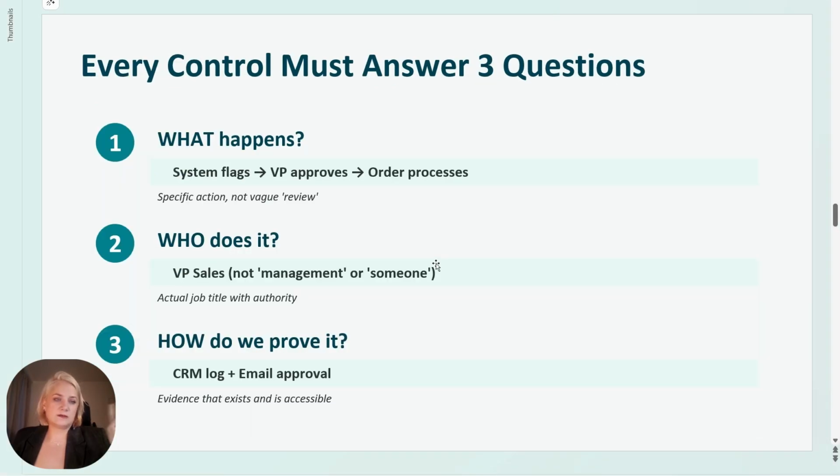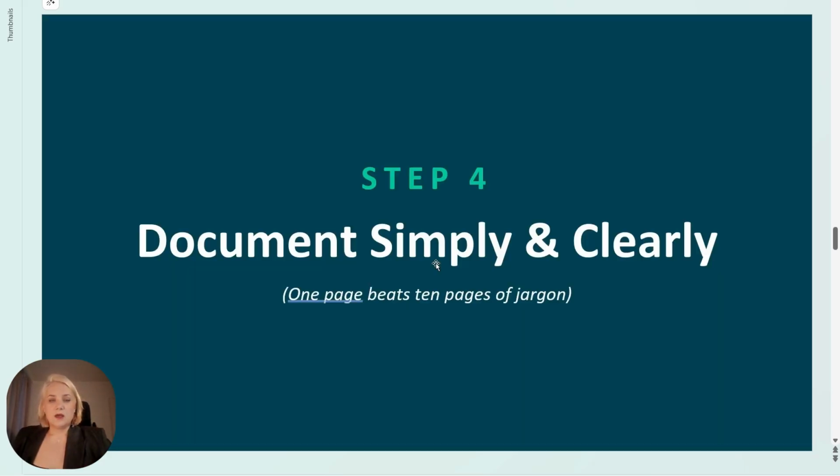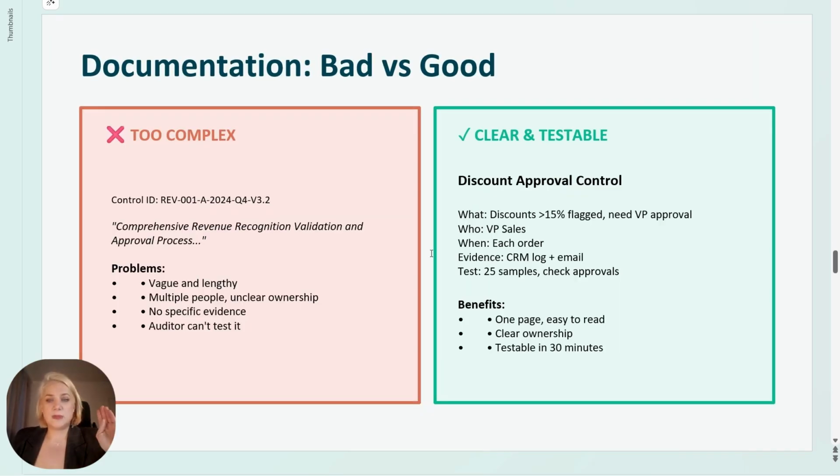Then, as I said, what, who, how, and when. Yes, then you need to document. And as I already mentioned, it shouldn't be very complex, but it should be very logical, which would help you to create the test script.